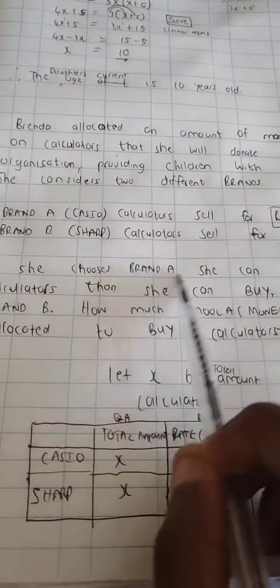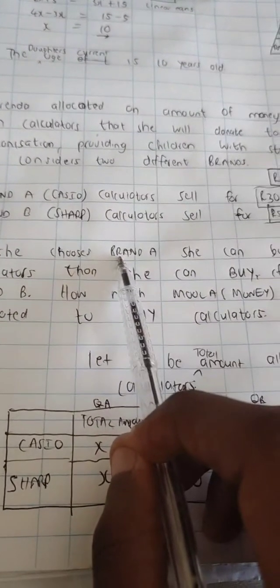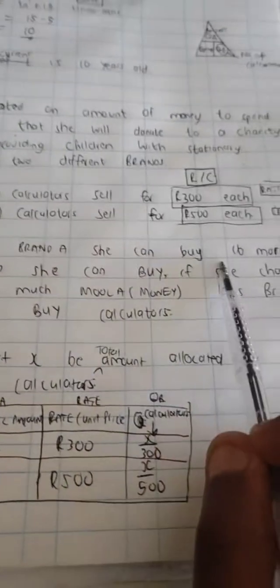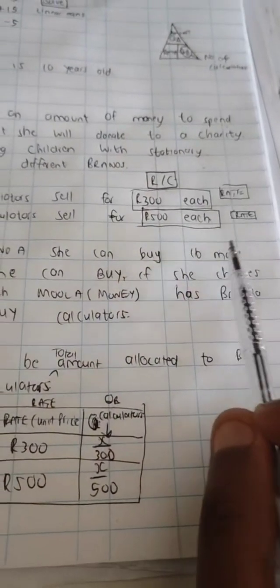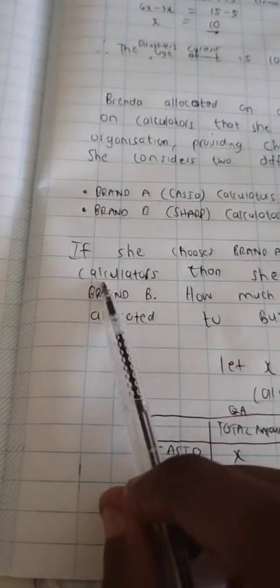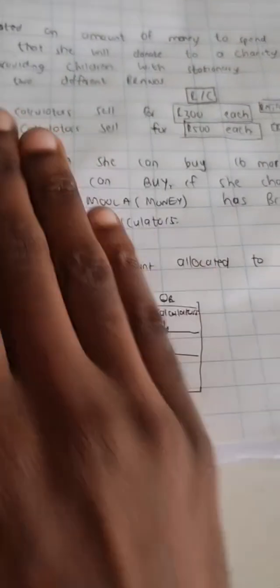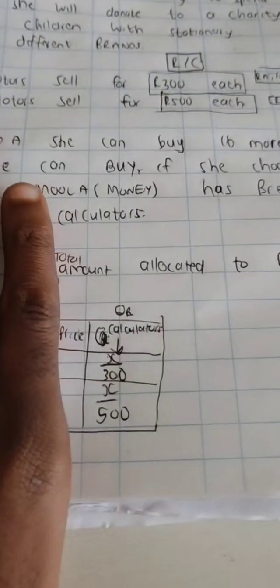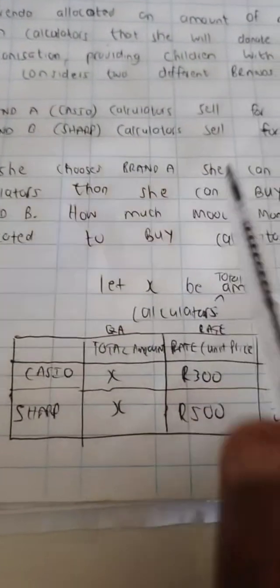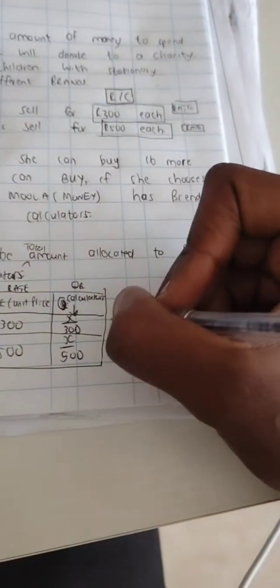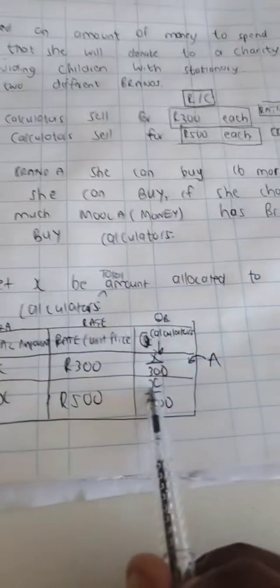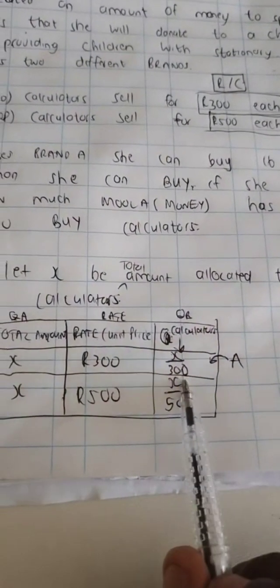If she chooses brand A, she can buy 16 more calculators. You see, now we are basically looking at this column. If she chooses brand A, the quantity of calculators for brand A is X over 300.